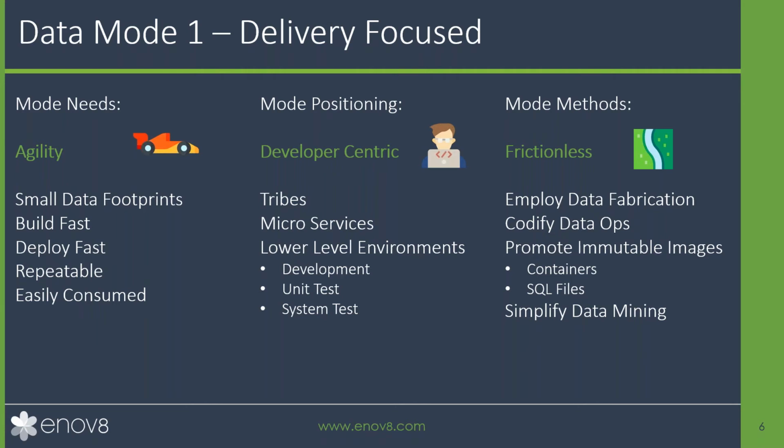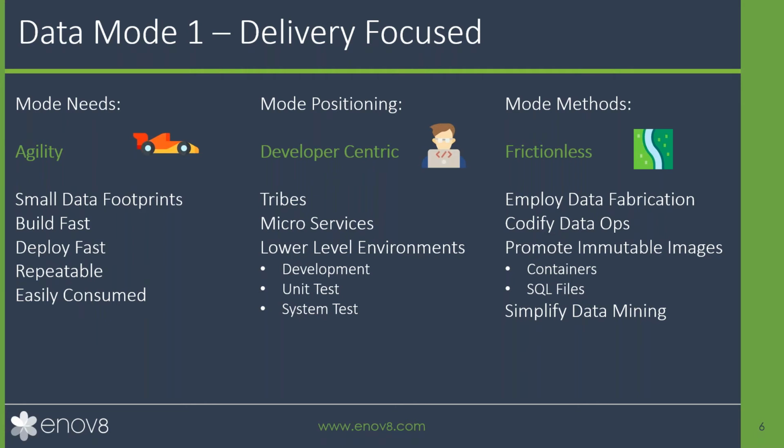I'd want to build and deploy quickly, minutes, not hours. I'd want the process to be easily repeatable, allowing ease of rollback, retest, etc. And I'd want the data to be easily consumed. That is, I should be able to find or use data with minimal operational overheads. From a positioning perspective, mode 1 is very much developer-centric.